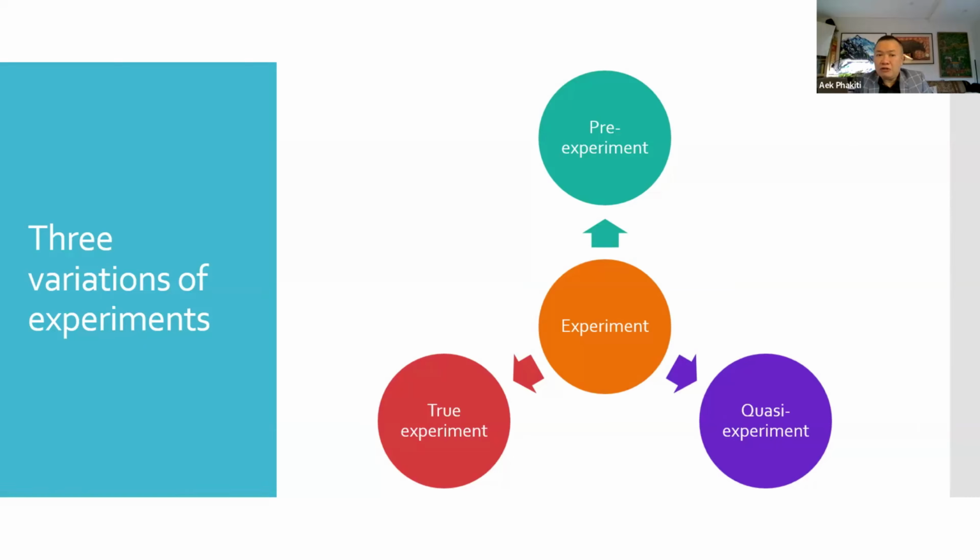You might want to try out something to help your students achieve better in the end, so you do a bit of action research around the treatment. It gives you an idea of how you can do better, like "Yes, this activity works. Now I'm going to set up a proper experiment." So you can progress from pre-experiment to quasi-experiment to true experiment.